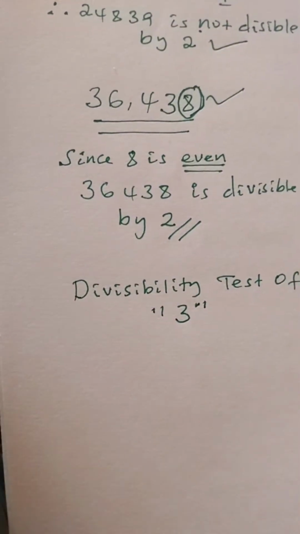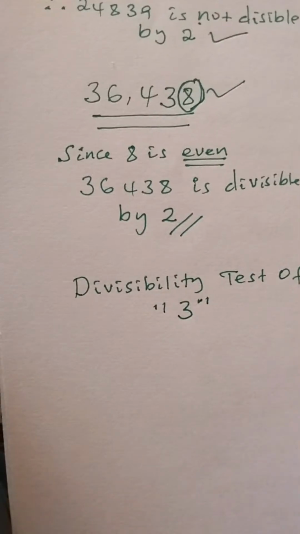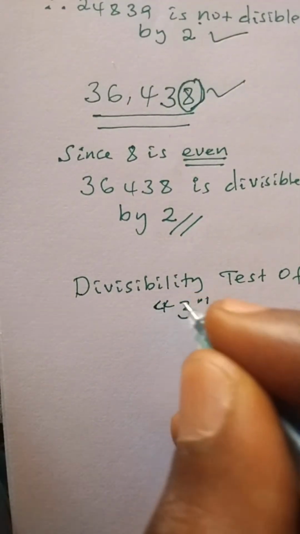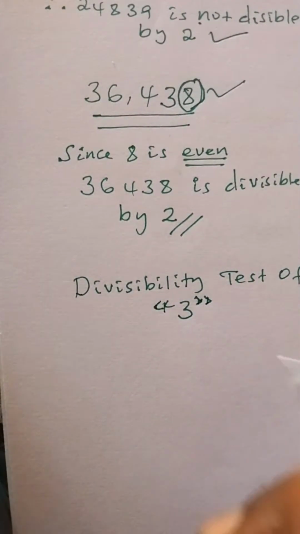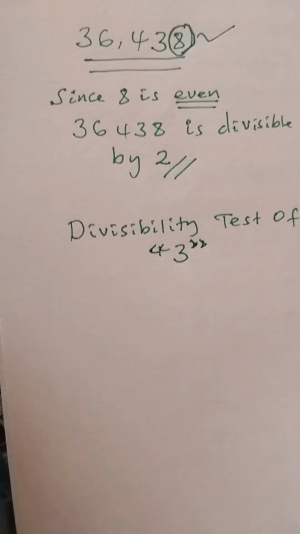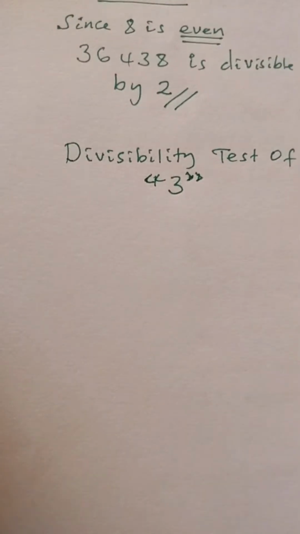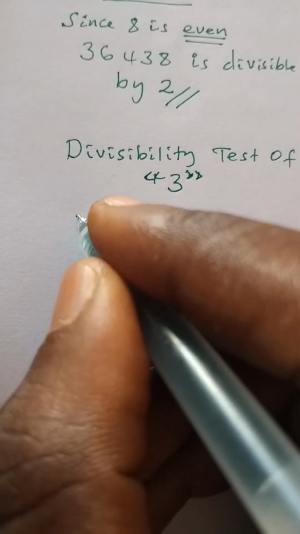Okay, how do we check whether a number is divisible by 3 or not? Here is the rule.